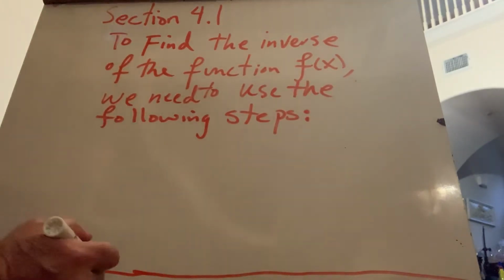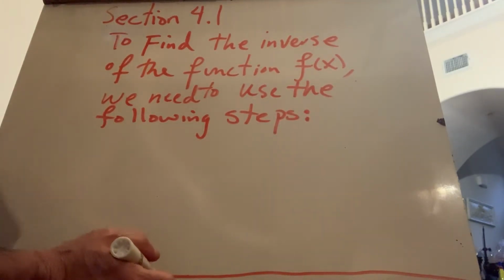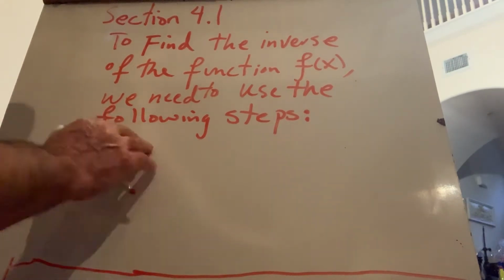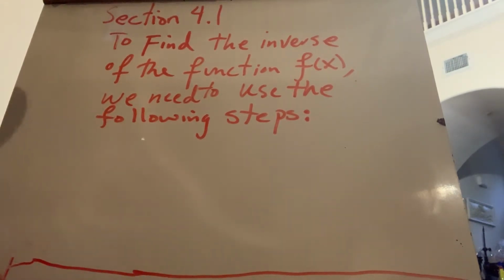Okay? And this is for any function. So anytime somebody gives you a function and asks you to find its inverse, all you have to do is follow these 4 steps and you will find the inverse.